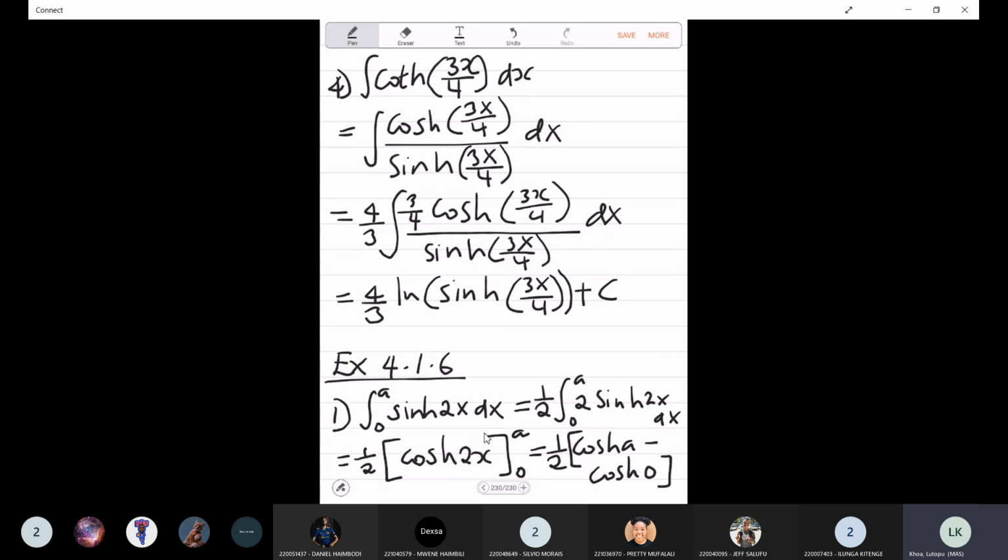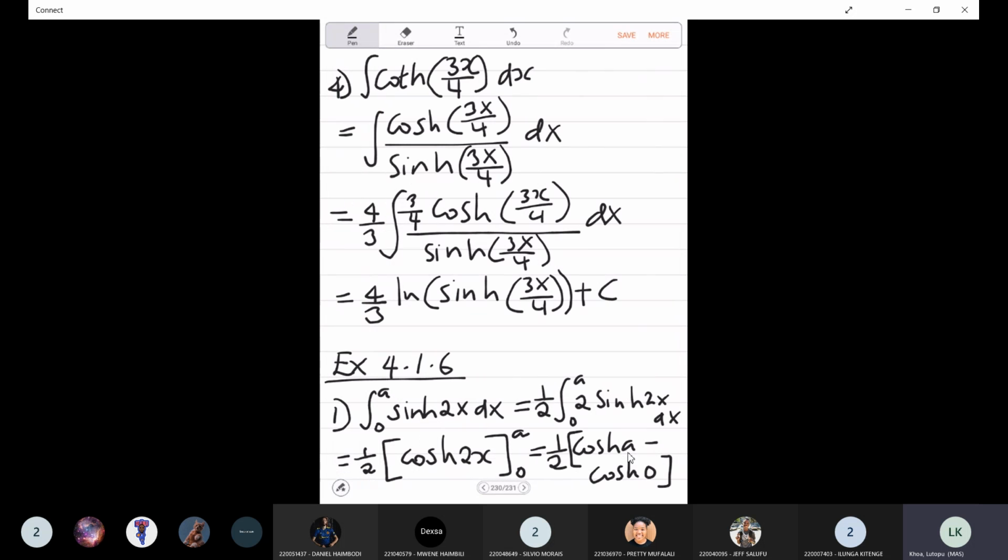Would it help to rewrite it? No, it doesn't really help to rewrite it. So here you can just write it as a half hyperbolic cos, sorry, this should be 2a. 2a.